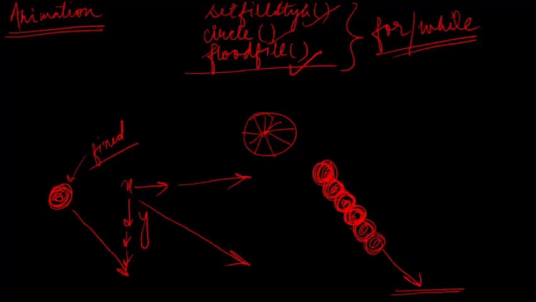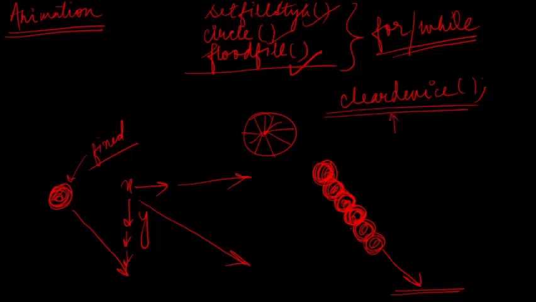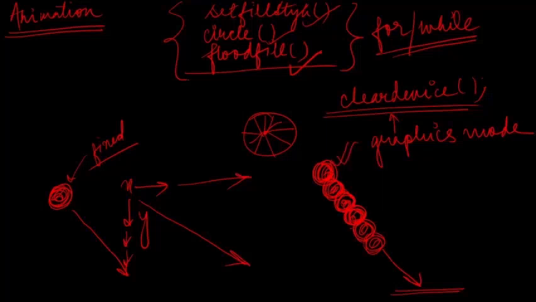No, we cannot. So for rescue, there is a method called clear device. This will clear anything displayed in our graphics mode. So once we have drawn the first circle, we need to apply the clear device method also.